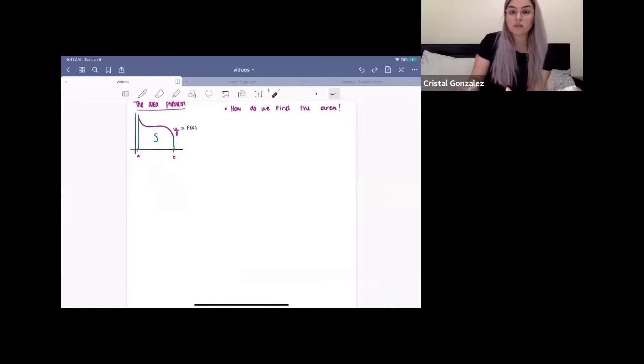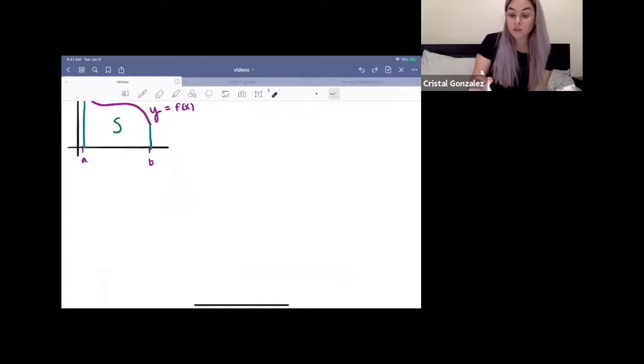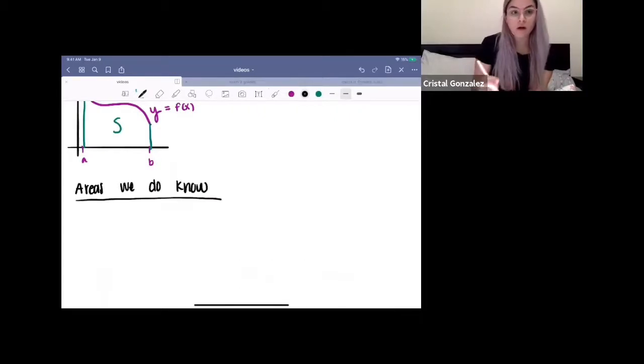Well, the thing is, we don't have a formula for this. The areas we do know, for example, are areas like length times width, and that's for a rectangle or a square or whatever.